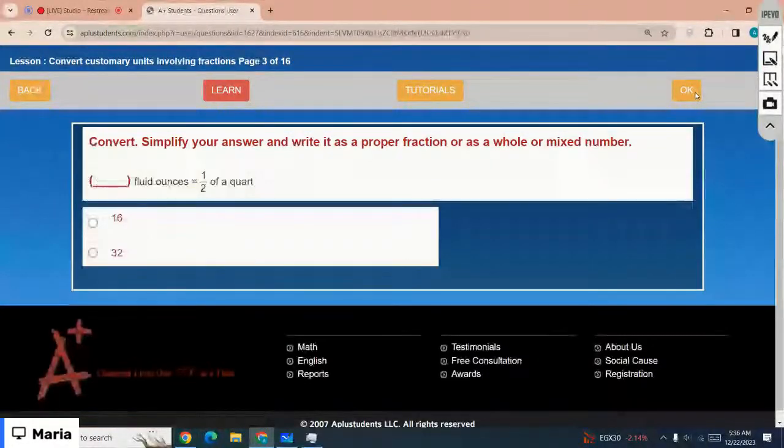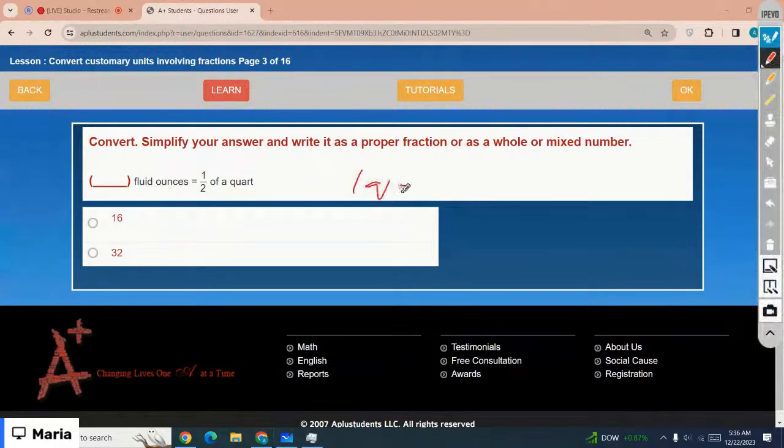Okay, that is a conversion between fluid ounces and quarts. So 1 quart equals 32 ounces, right? You're given half a quart. Divide 32 by 2. That is 16.